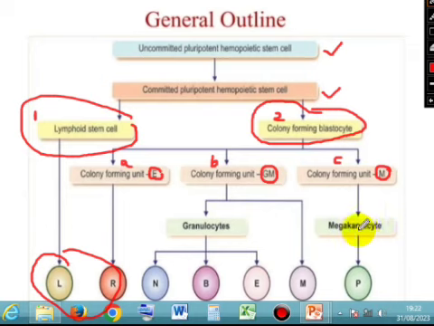Okay, and then number C is the colony forming unit megakaryocyte.